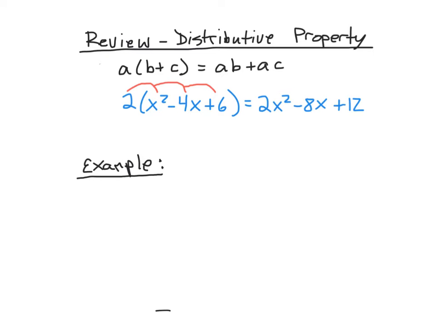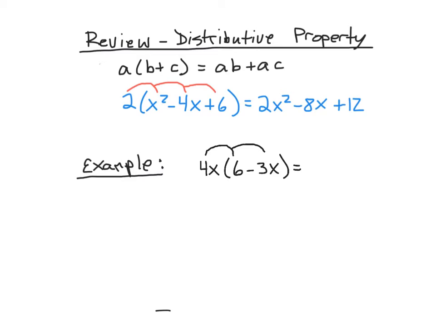So let's take a look at another example here real quick. All right, so let's say I have 4x times (6 minus 3x). Well, again, distributive property says I can take my 4x, multiply it to that first term, which is 6. Then I can take the 4x and multiply it to the second term, which is the negative 3x.